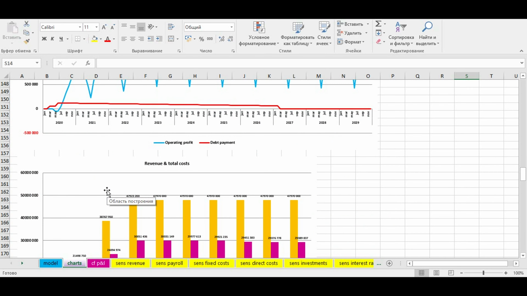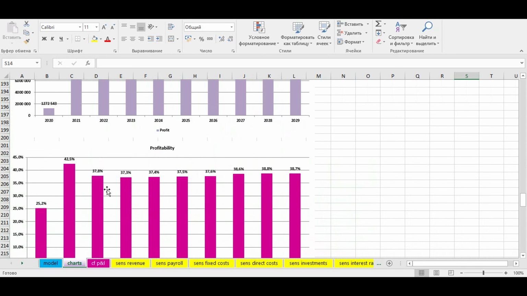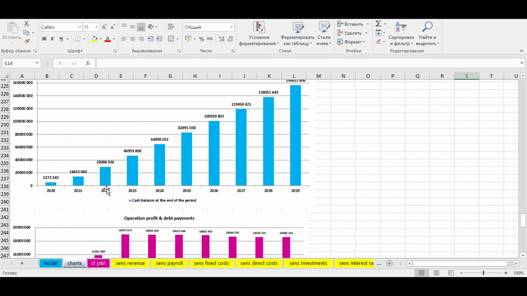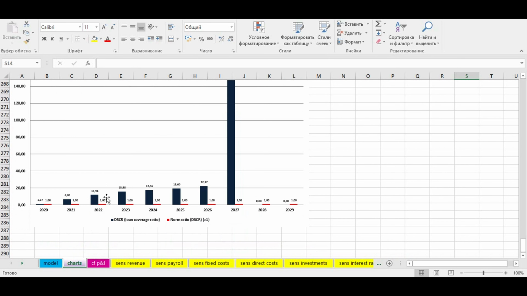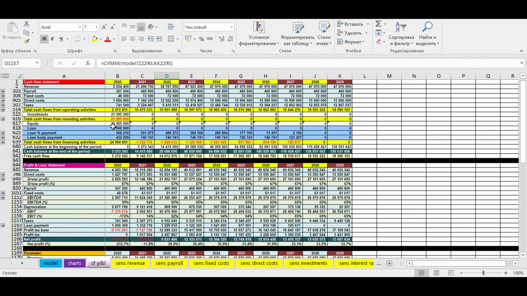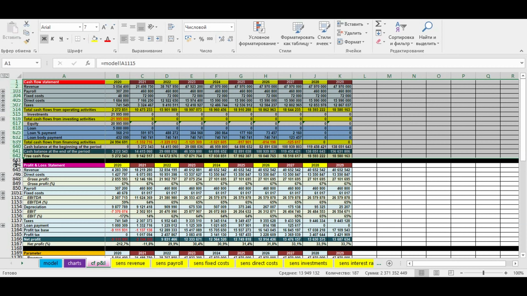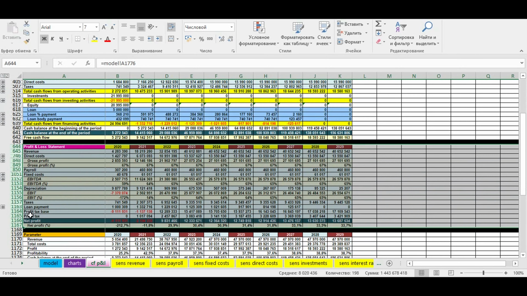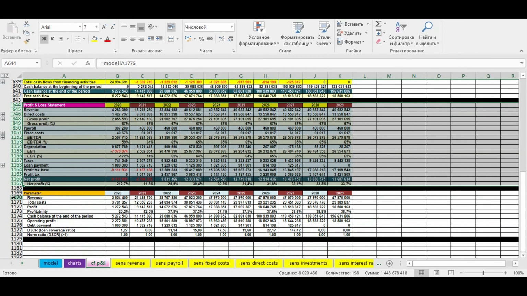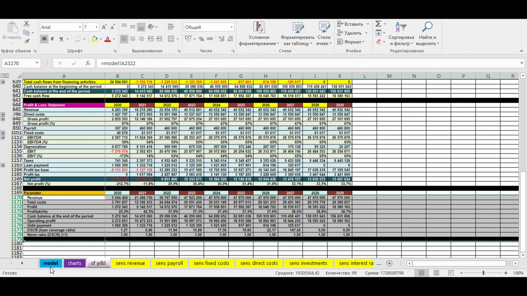Then we have the same information done yearly. On the next Excel sheet, we have gathered yearly consolidated cash flow statement, profit loss statement, and main financial results of your hotel. Finally, we see the financial efficiency of your hotel.